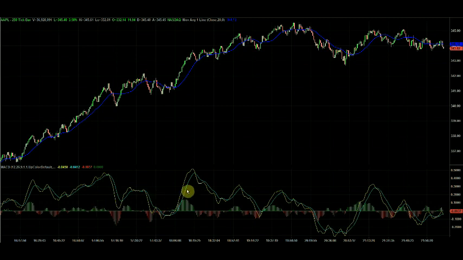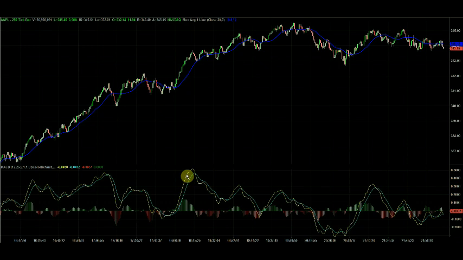The essence of the MACD is two moving average lines, but it's definitely more complex than that. The shorter of the two lines is itself the difference between two different EMA lines, a 12 and a 26.